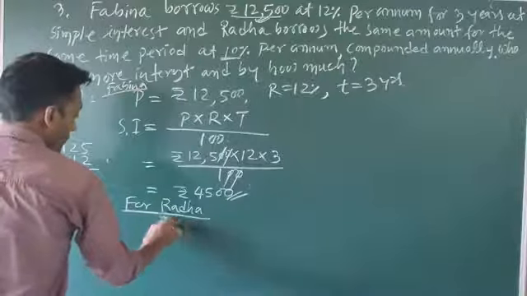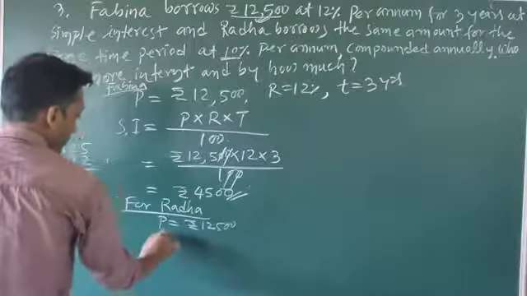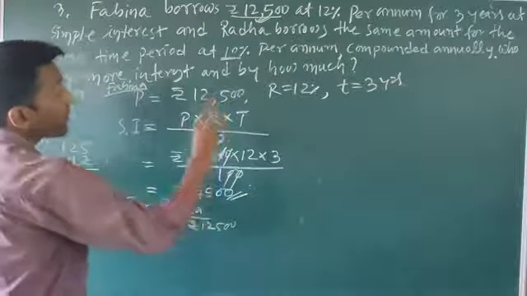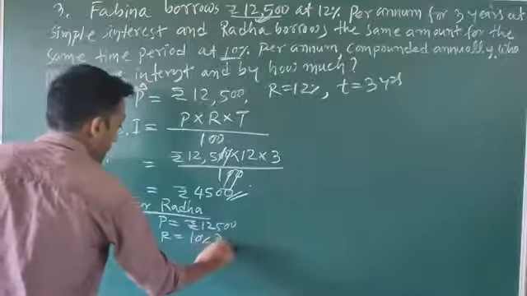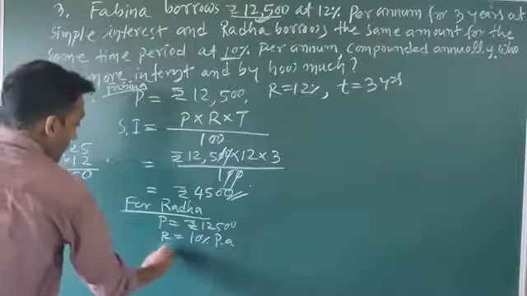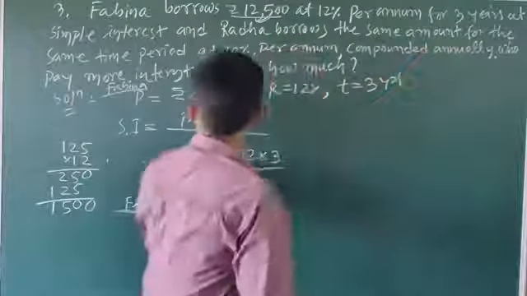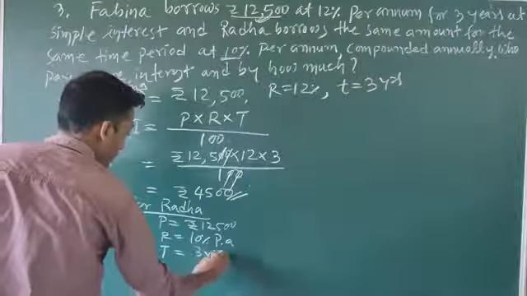So principal is the same, 12,500. Rate of interest is also same. Sorry, rate of interest is not the same. Rate of interest given is 10% per annum. Time period is the same, 3 years.